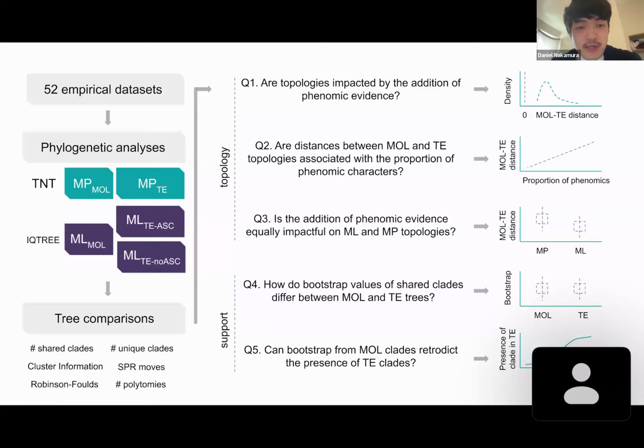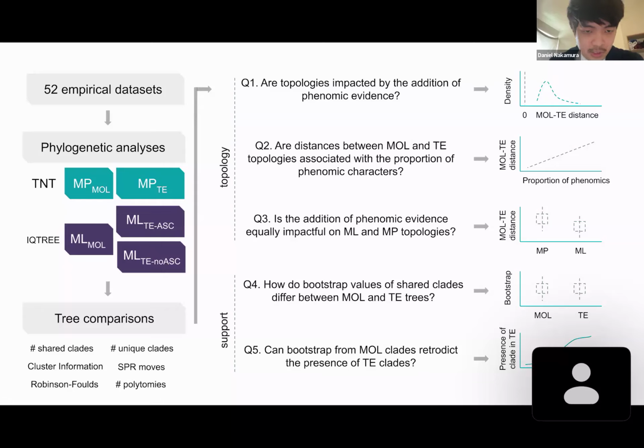For the phylogenetic analysis, we used parsimony and maximum likelihood. For parsimony, we used TNT. We performed molecular and total evidence analysis. For likelihood, we used IQ-TREE. We performed the molecular and total evidence analysis, but for the total evidence analysis, we used the correction from Lewis.